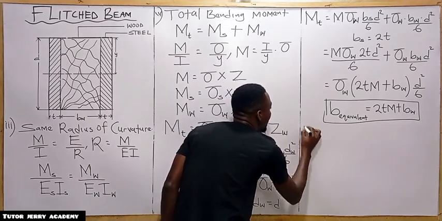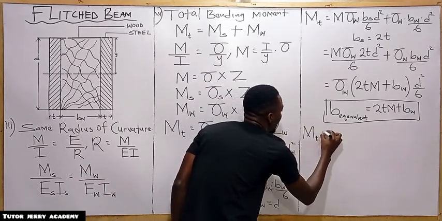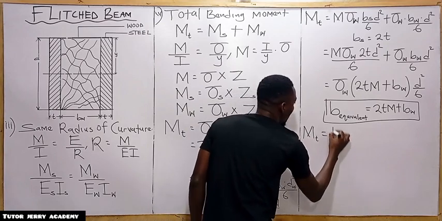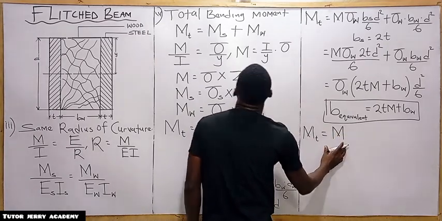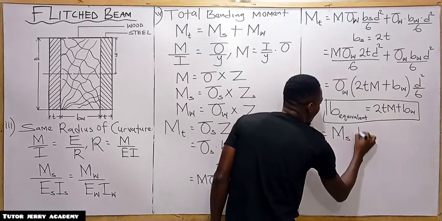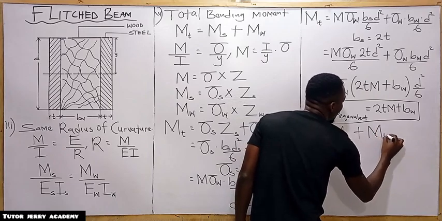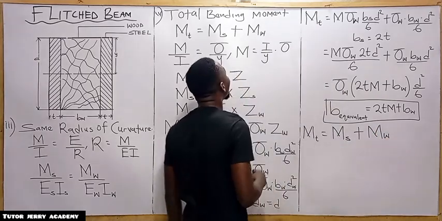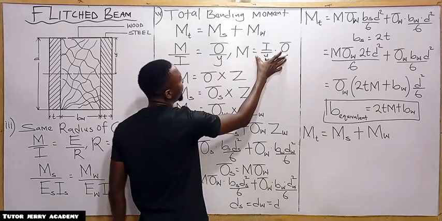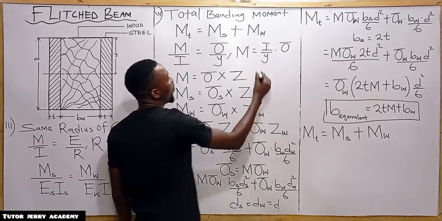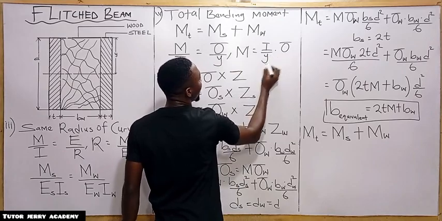I think M subscript t should be equal to the bending moment of the steel plus the bending moment of the wood. All right, so if we are taking our bending moment to be this, for the one of steel, we're just going to put s here.